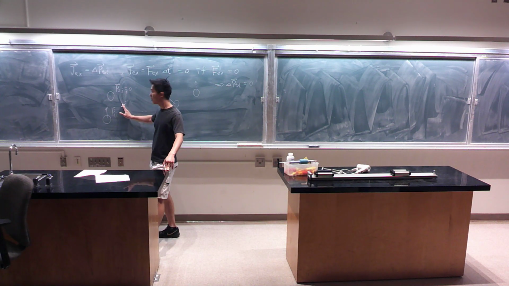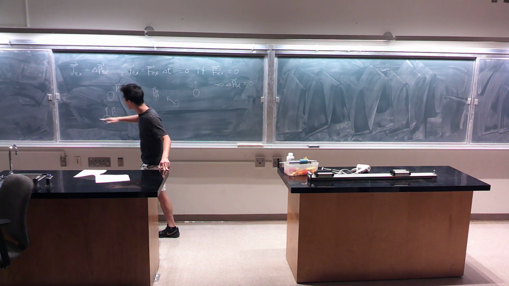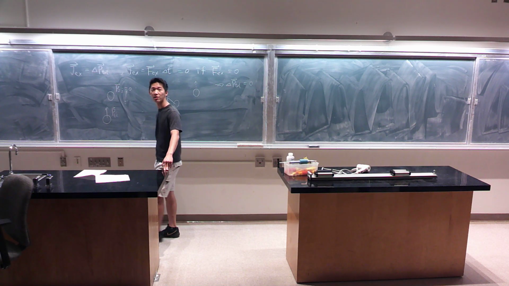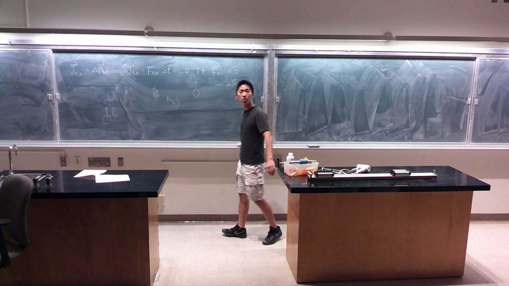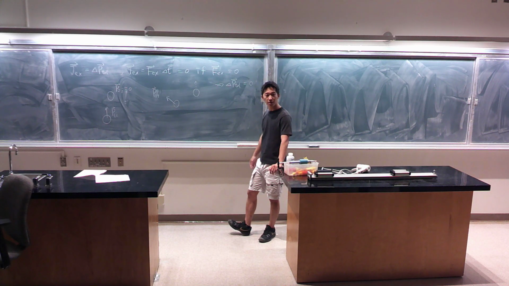Initially, the first ball has a momentum going up. So the horizontal component of its momentum is 0, good. And the second ball has 0 momentum. So the momentum of the system is vertical. The total momentum only goes in a vertical direction, and the horizontal momentum of the system is 0. So if momentum is conserved, the horizontal momentum in the final state should also be 0.